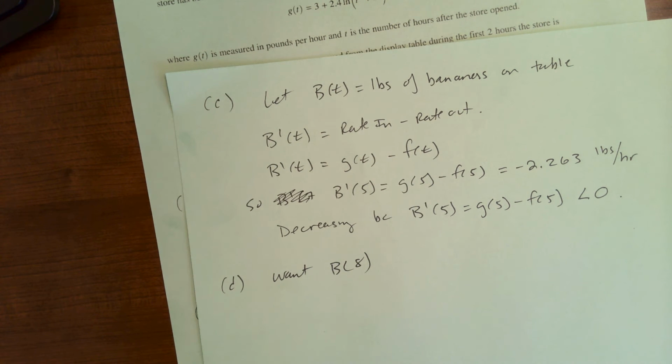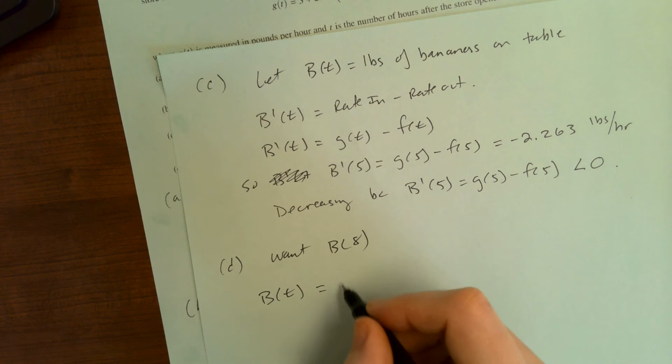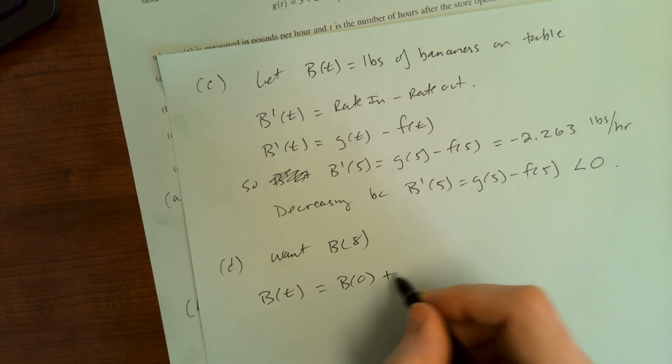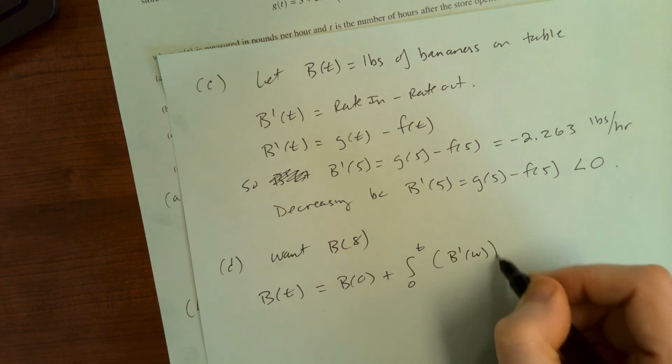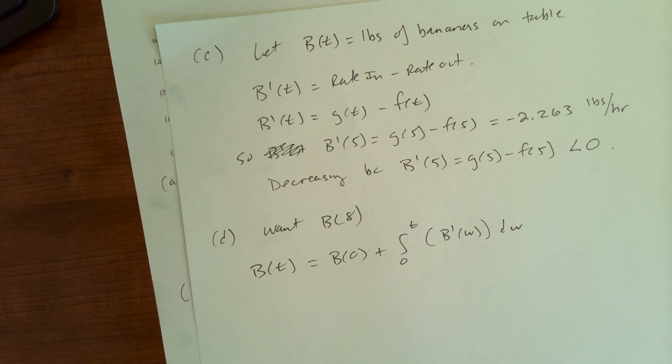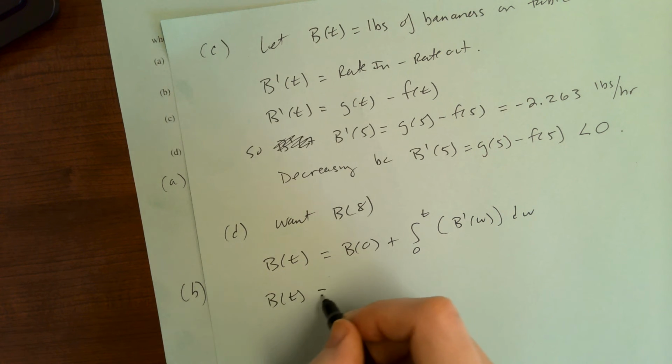So we basically want the antiderivative, so you could use the antiderivative with an integral formula. So B of t is equal to B of 0 plus the integral from 0 to t, B prime of w, dw. Now I'm just going to start filling in things that I know.